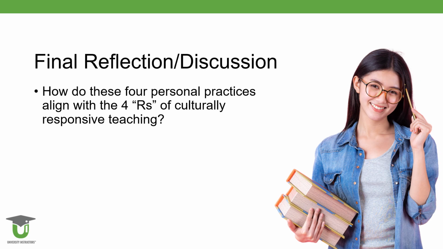Possible answers. The practices align with the 4 R's in that knowing about our students by building relationships establishes trust and respect, free of personal bias. Making learning contextual ensures relevance to students' lives and opportunities for practicing social responsibility.